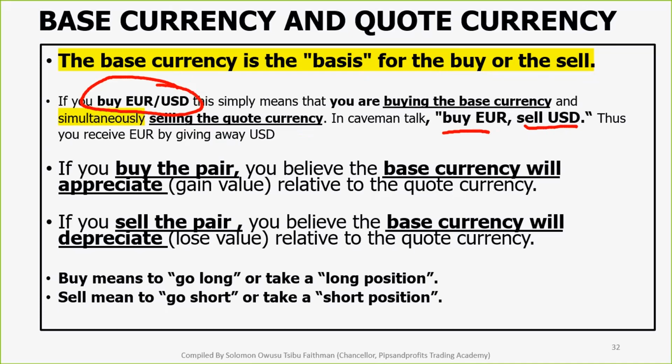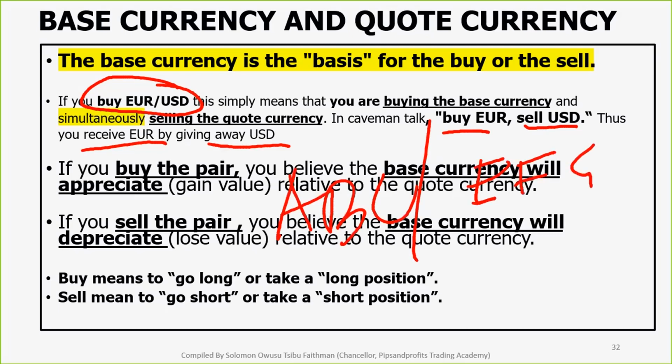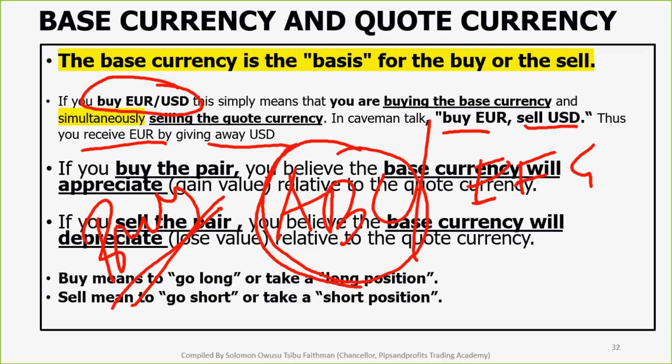Okay? Now, what does that also mean? It means that if you are buying the euro USD, you are going to receive the euro by giving away the US dollar. So anytime you have a pair, let's say ABC paired with EFG, and you are buying, what you are trying to say is that you want to get ABC, so you are buying the base.